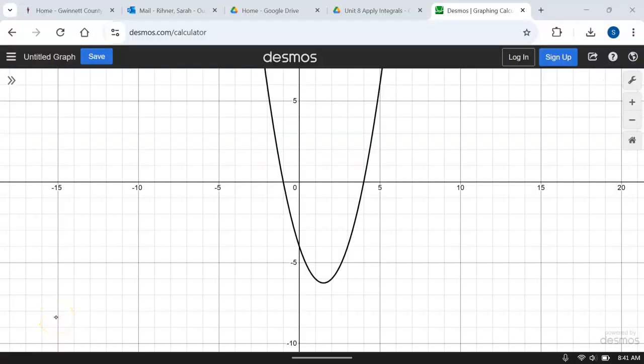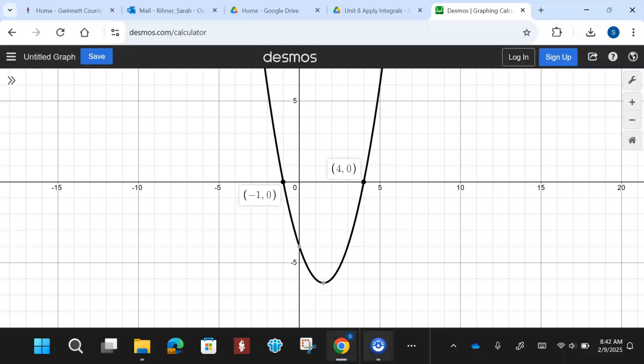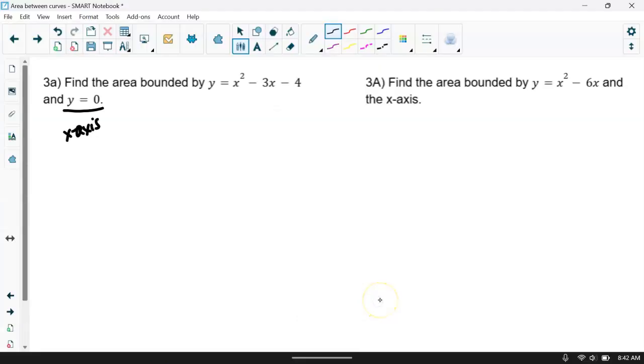And so notice here, the graph is below the x-axis. So it is below. So that means this is the g of x. And the boundaries are from -1 to 4. So from -1 to 4, we're finding the area of this section here below. So that means here, when we go back, there we go.